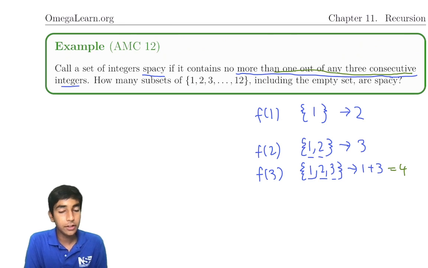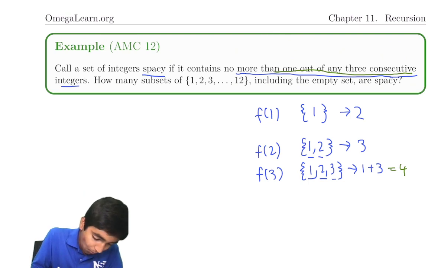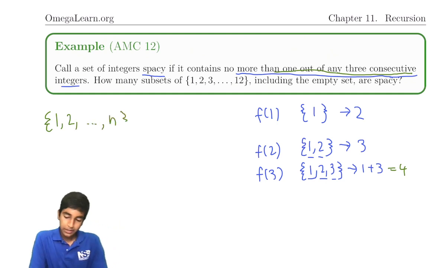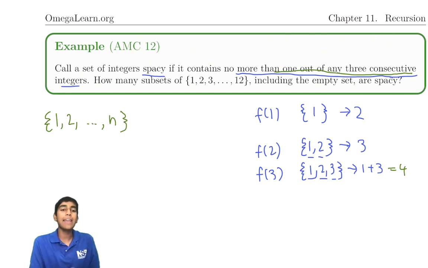Okay, we're now ready for step 2, the recursion. What is the recursion in this case? Let's see. 1, 2, till n. So, what is our recursion going to be like? What are the cases we should take?